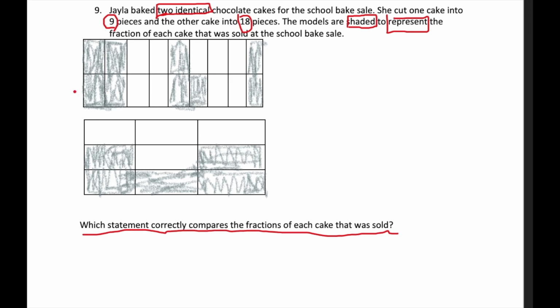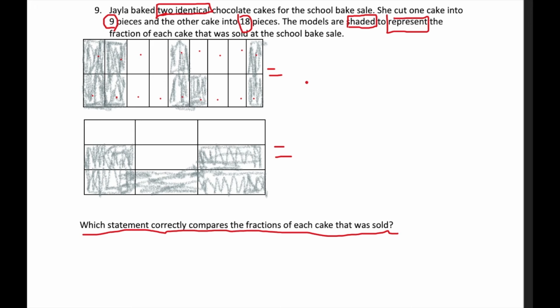All right, so first thing we want to do is look at our two models. Our first model will equal, and our second model will equal. We're going to find out what the fractions are. 1, 2, 3, 4, 5, 6, 7, 8, 9, 10, 11, 12, 13, 14, 15, 16, 17, 18.